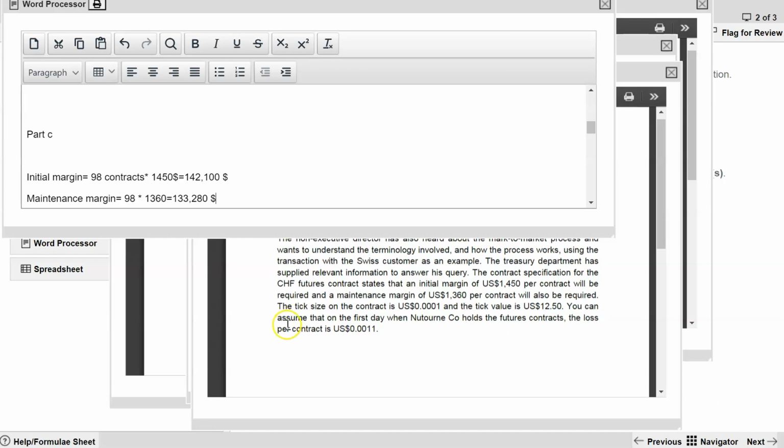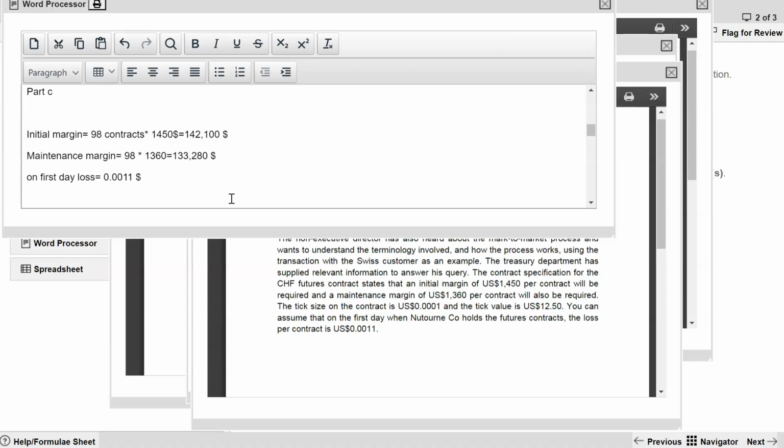So what happened on that day? On the first day your loss is $0.0011. So convert this into ticks. So the loss is 11 ticks.